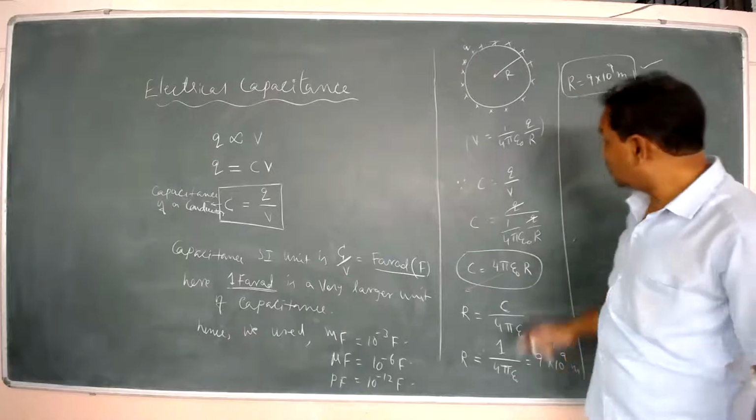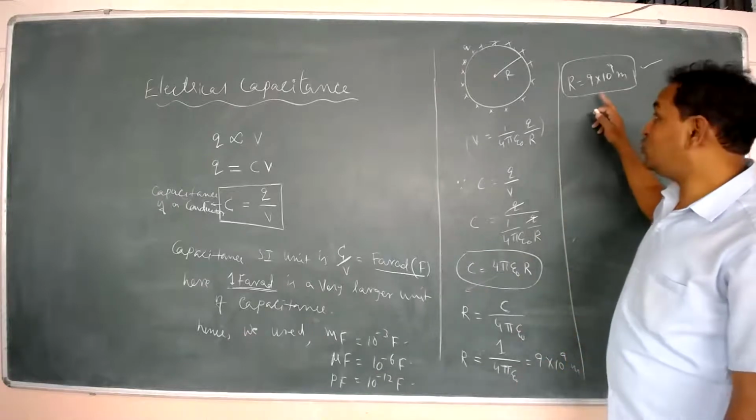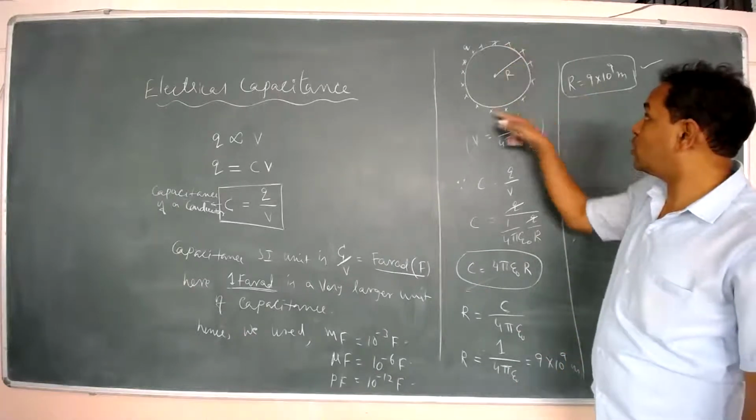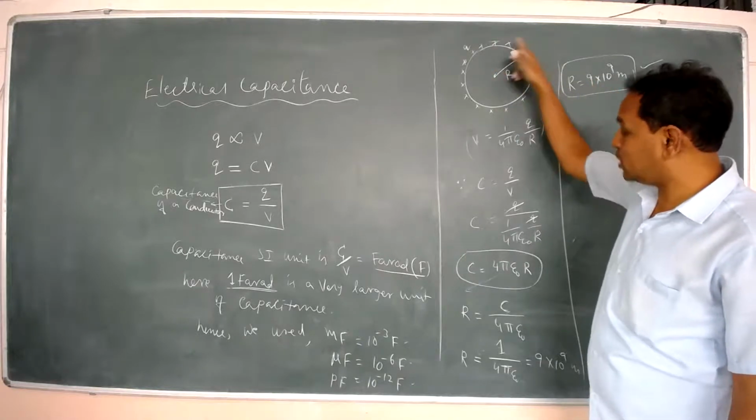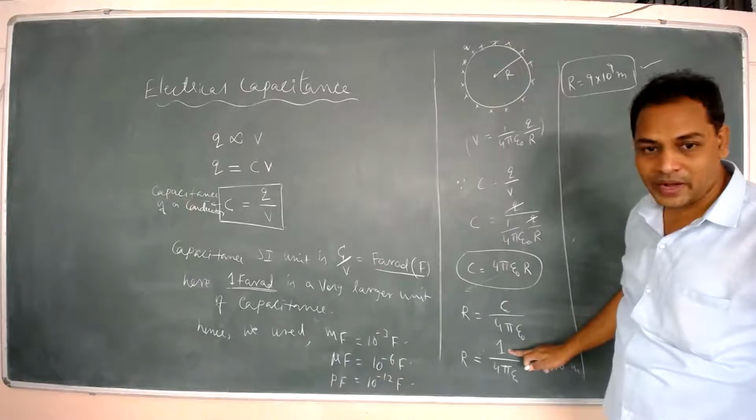So if you construct a sphere of this much bigger radius, then its capacitance will be 1 farad.